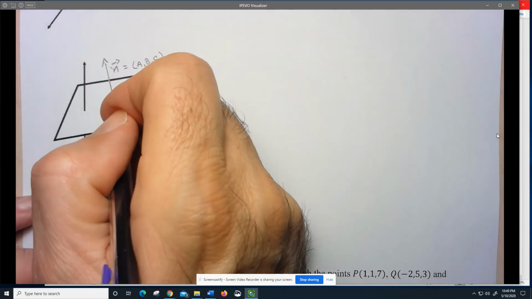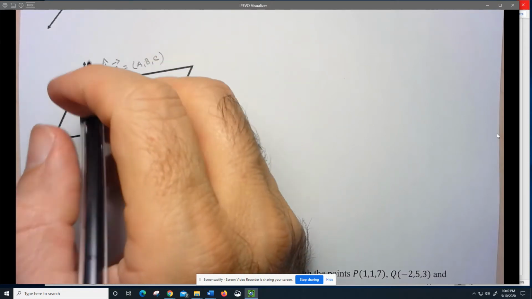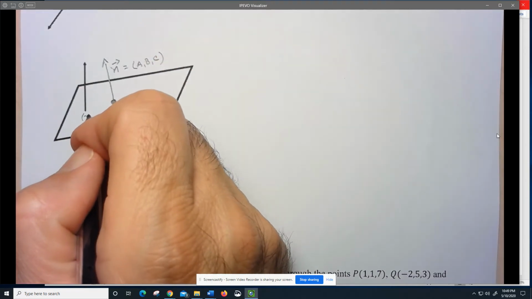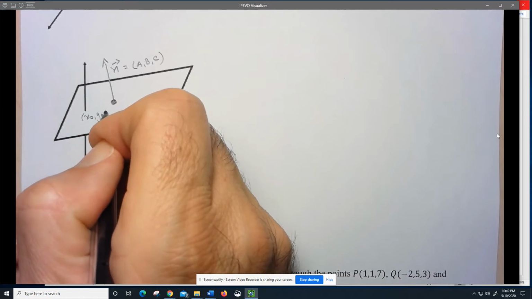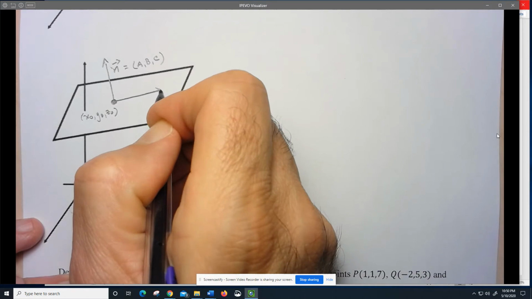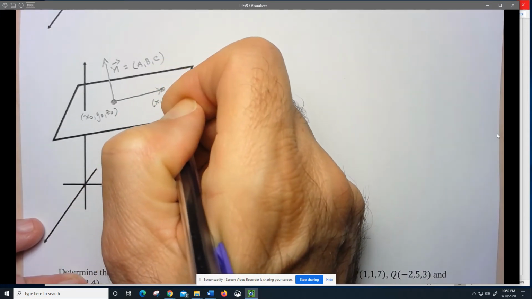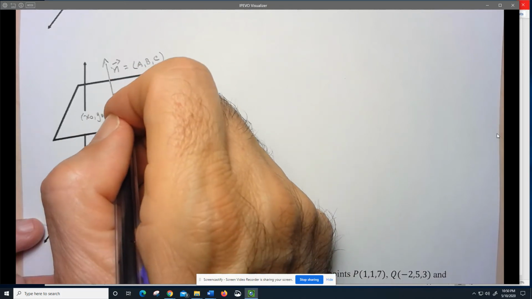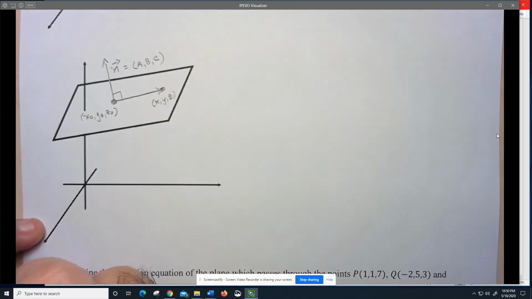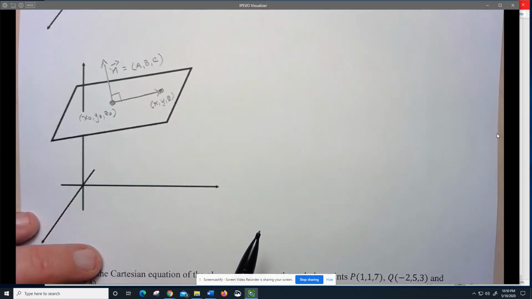Okay, we need a known point on the plane, so x naught, y naught, z naught, and I'm going to create a vector to any other point on the plane x, y, z, and these two vectors are going to be perpendicular, and so the dot product is going to be equal to 0.